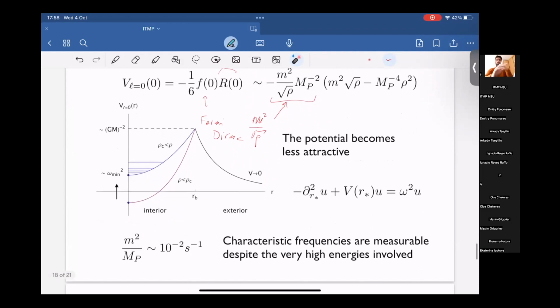So finally, just to get an order of magnitude of the physics involved, if you look here, this value of the potential has an associated frequency, because in the Schrodinger equation, right, we have the potential on one hand side and the frequency squared on the other.